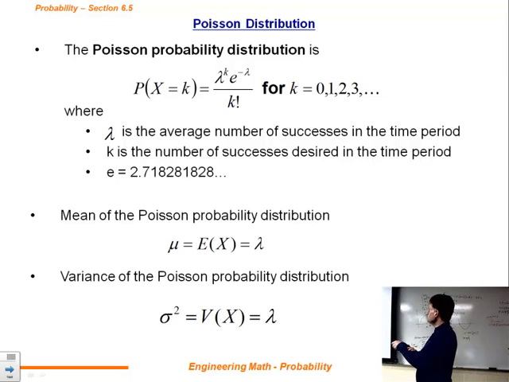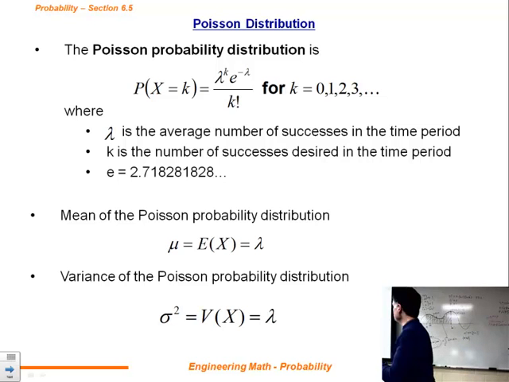And K can be 0, 1, 2, 3. It could be any number. There's no finite bound on the number of successes you could have in this time interval. So this is an infinite distribution, a distribution for infinitely many possible values of K. This gives you the probability of finding exactly K occurrences in the interval in question, given that we know the average number of occurrences.